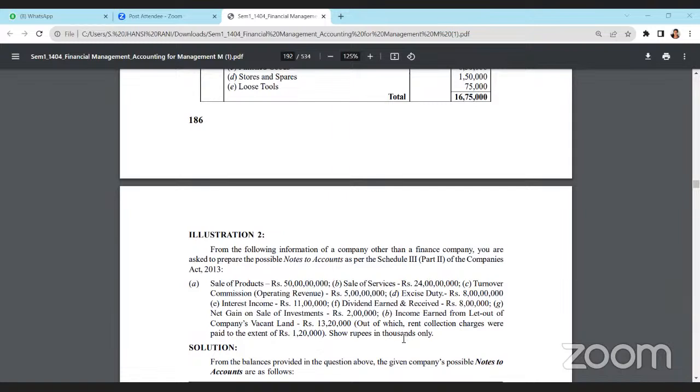Show rupees in thousands only, so 3 zeros will be taken into thousands.